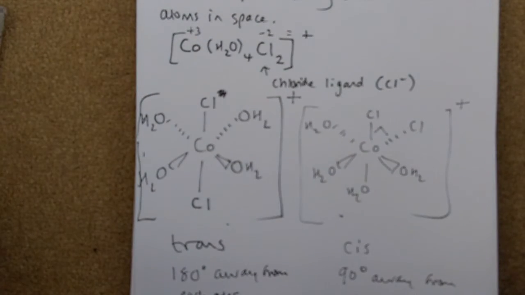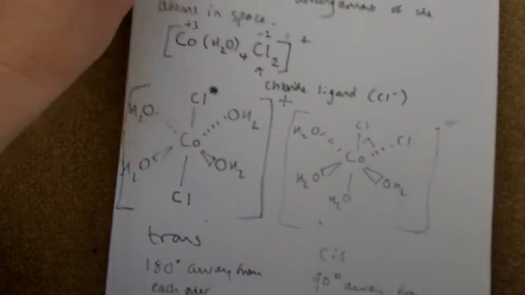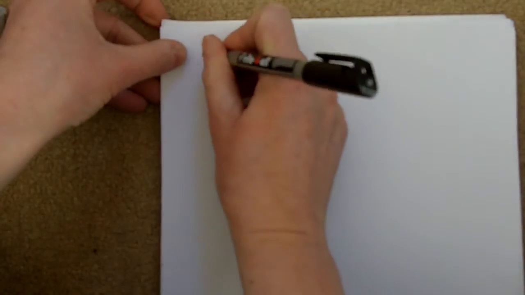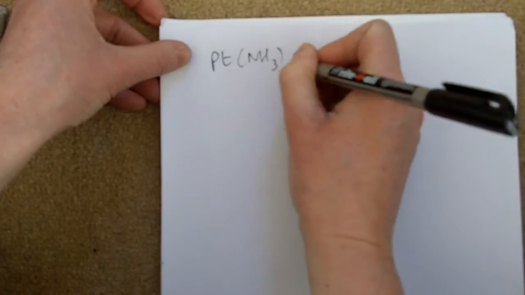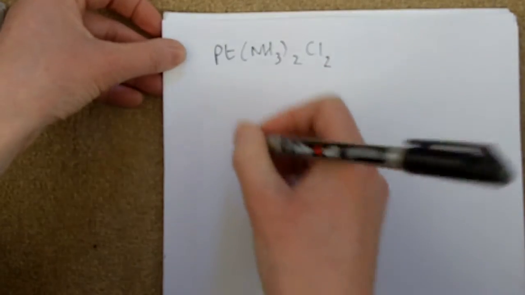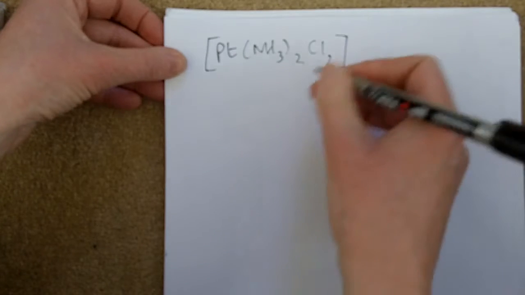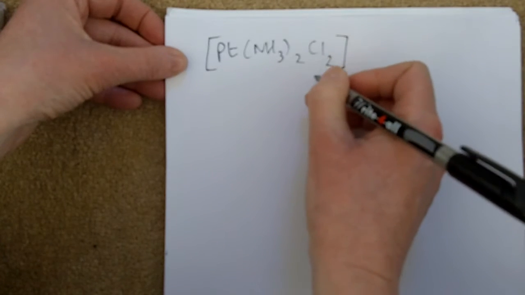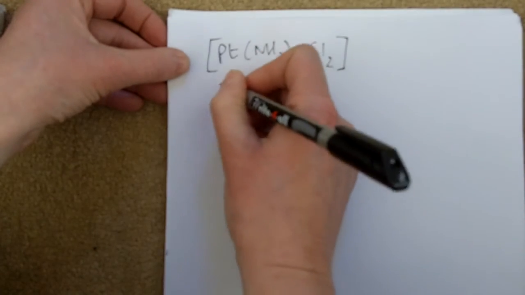Now you also get this if you had this complex ion. If we take platinum, 2 ammonia ligands and 2 chloride ligands, this complex ion has no overall charge because the chlorides give -2 and platinum is +2.